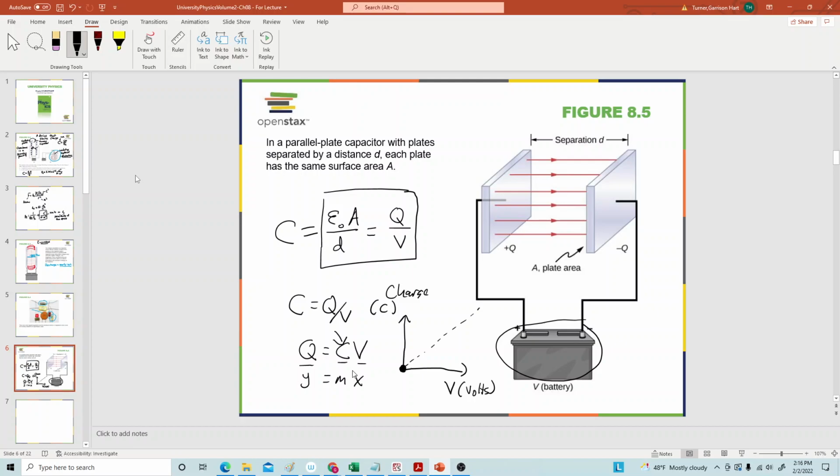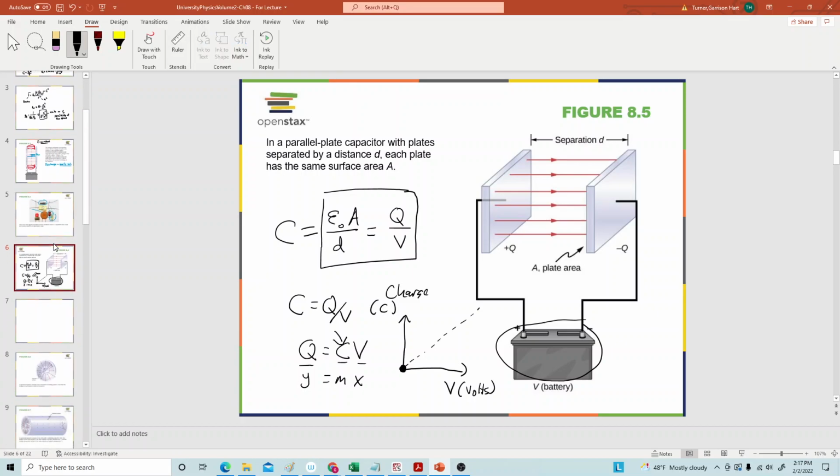The only thing that's going to be different is the slope. How does your amount of charge change per voltage? That is going to be the slope, and the slope is equal to the capacitance. So if you can generate a Q versus V plot, then you can get the capacitance of your device.